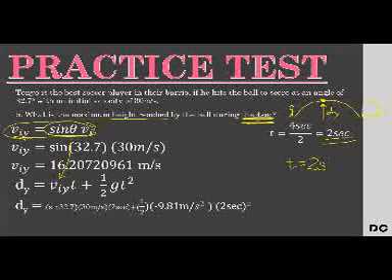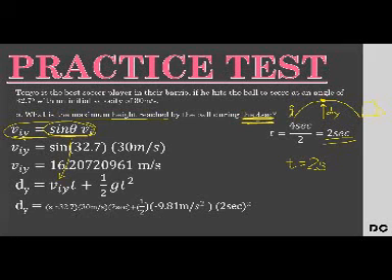So that is sine 32.7 times 30 meters per second times time, which is 2 seconds. Then 1/2 of the gravity, that is negative 9.81, since the movement is upward. And then times the square of time, which is 2 seconds.